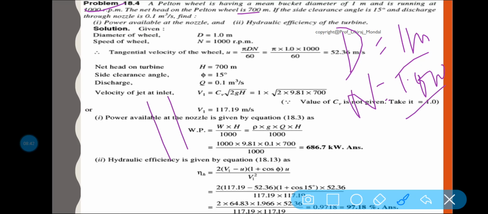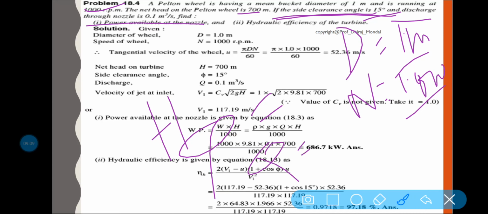If the side clearance angle at the outlet is 15 degree, remember this side clearance angle, one more point coming into the picture, side clearance angle means your phi, and the discharge through the nozzle is 0.1 meter cube per second. So discharge Q is given as 0.1 meter cube per second.